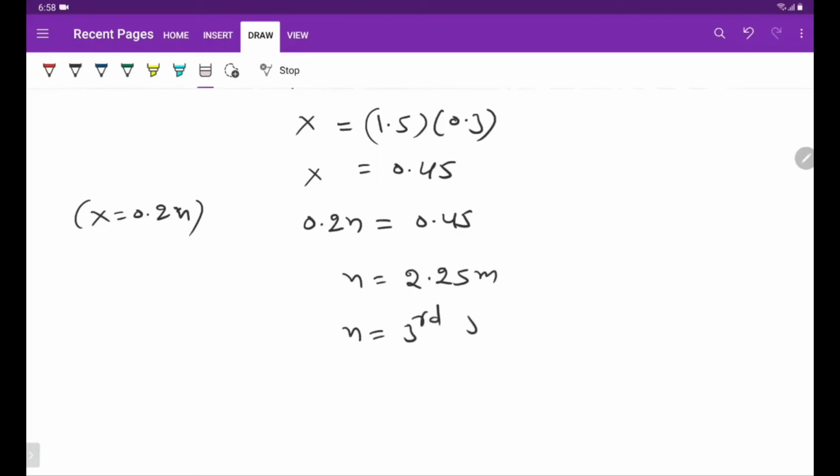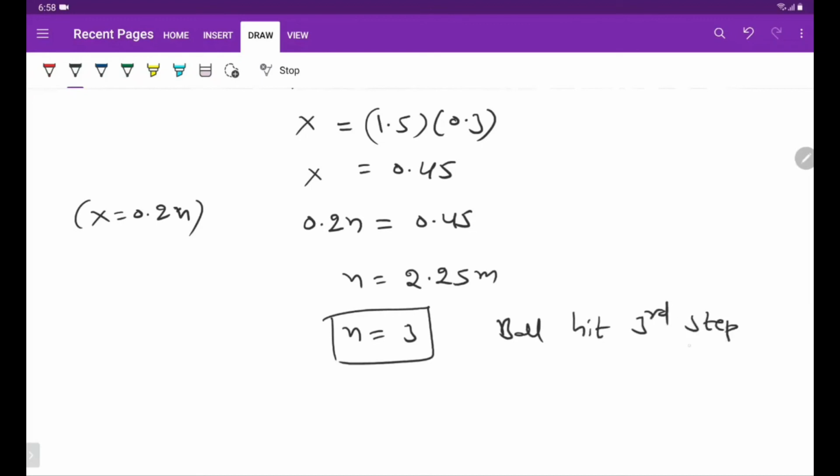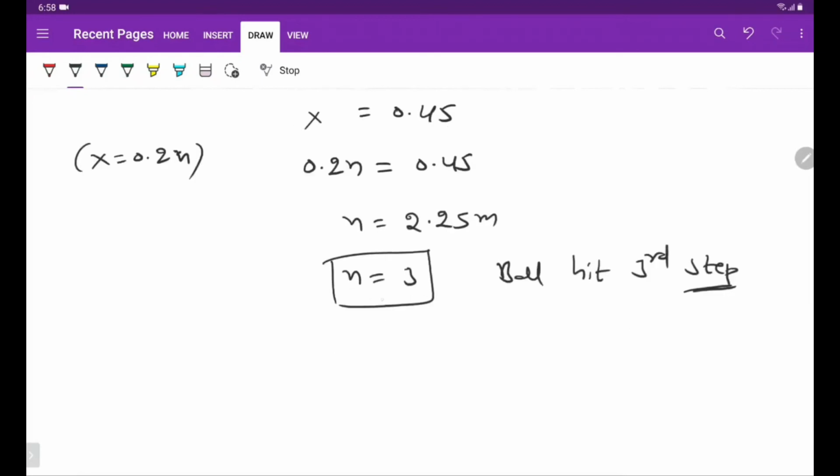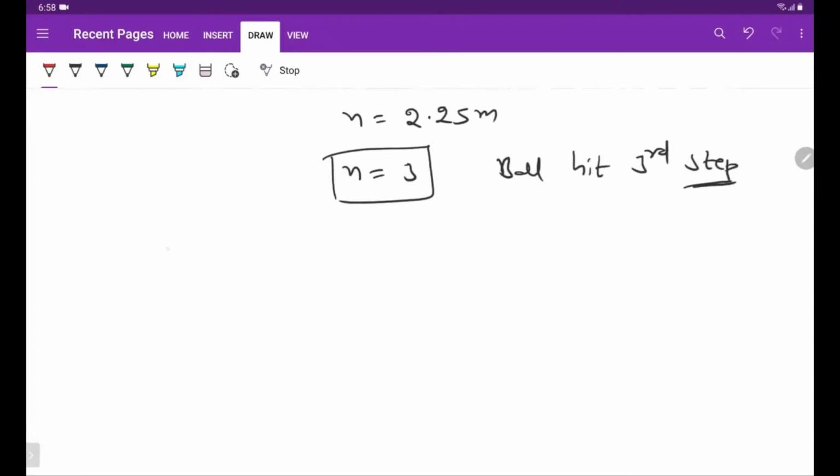So the ball hits the third step. N is 3. Why does the ball hit the third step? Because the ball crossed the second step. This is the first, second, third.